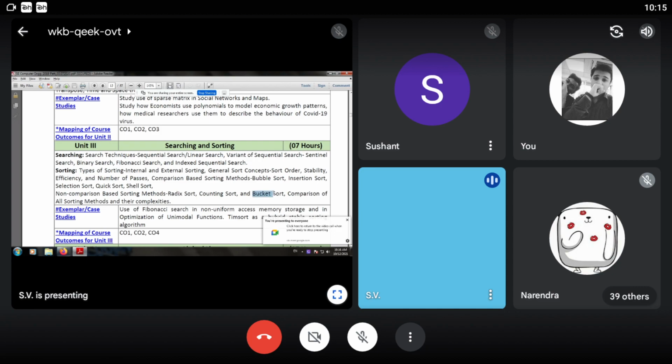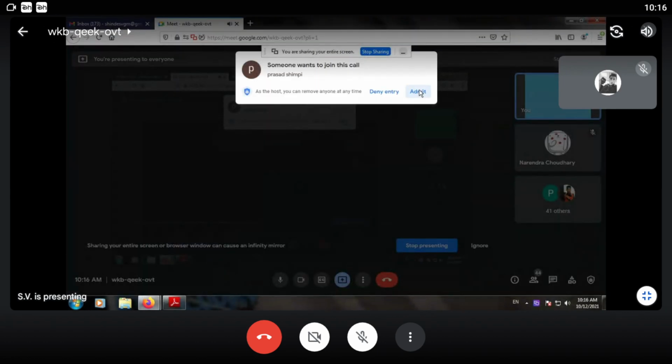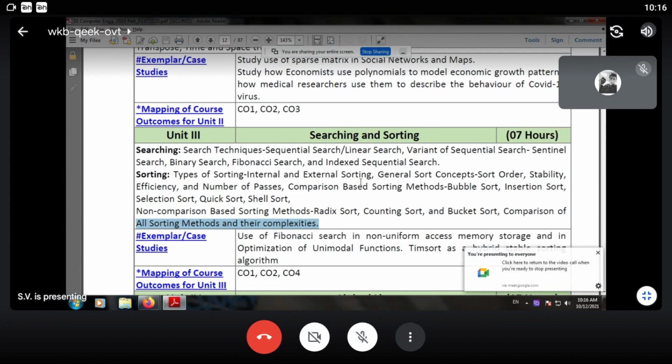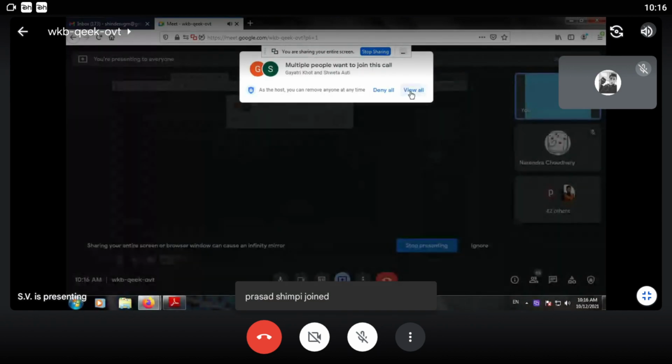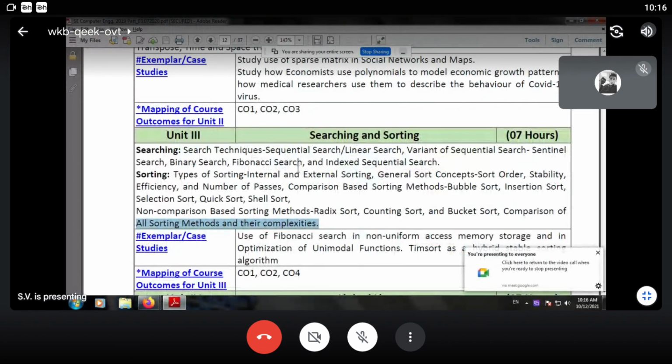Then we also completed bucket sort, and all sorting methods and their complexities were discussed. In exams, it is every time asked about the complexities and some logic about a particular technique. For example, shell sort improves the efficiency of insertion sort.